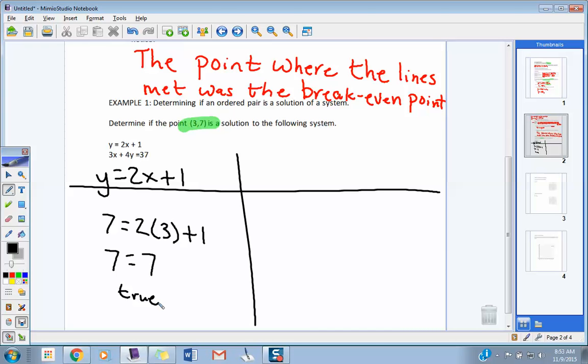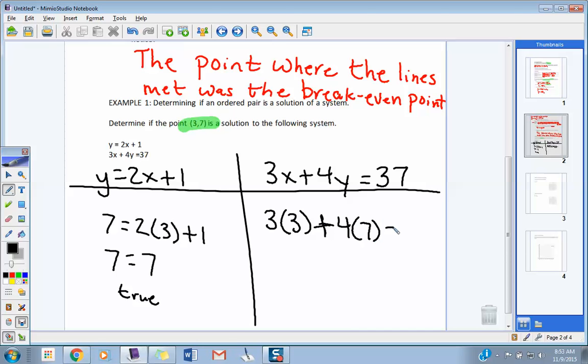Now, the second equation, standard form, 3x plus 4y equaling 37. Same game. What do you have to substitute for x again? So we're going to go 3 times what? And what's going in for y? 7. So 4 times 7. This is going to equal 37.